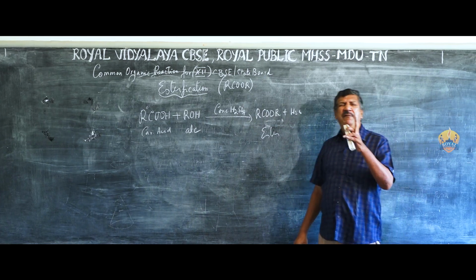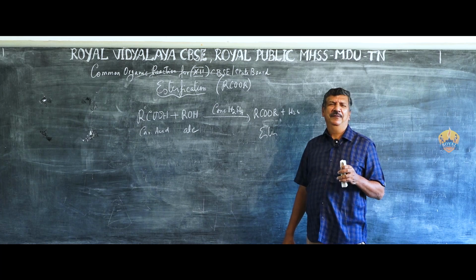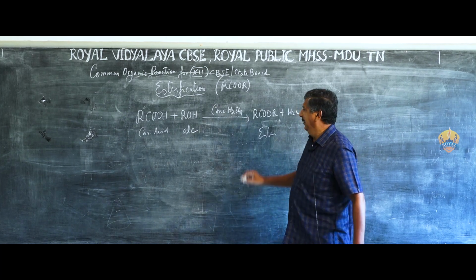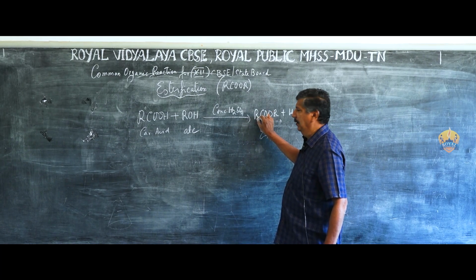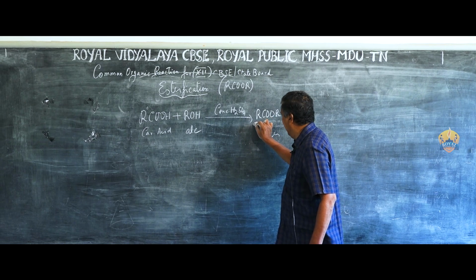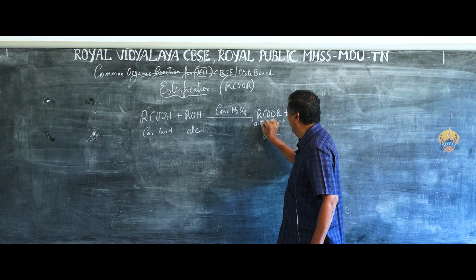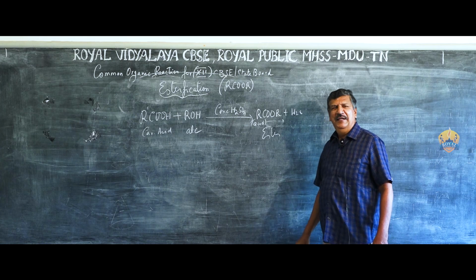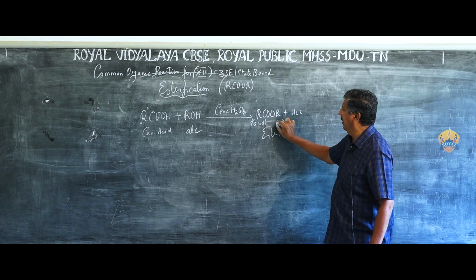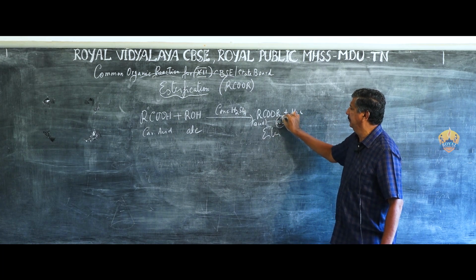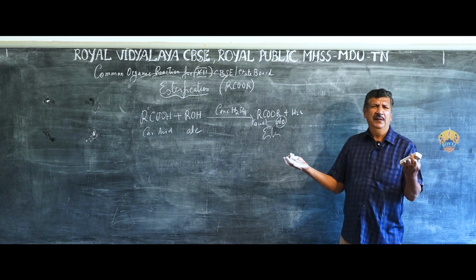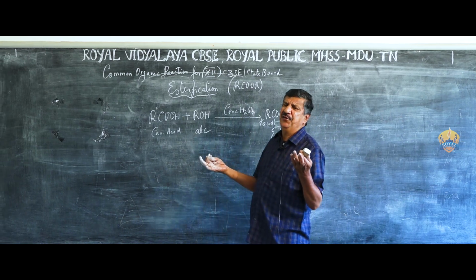But you should be very, very careful in one point. What's the point? This R should come from the acid. This is very, very important. And this R comes from the alcohol. If you know this one, you can answer any ester.